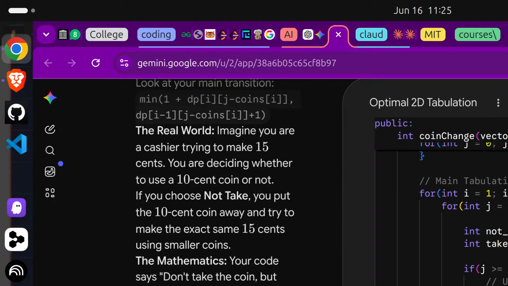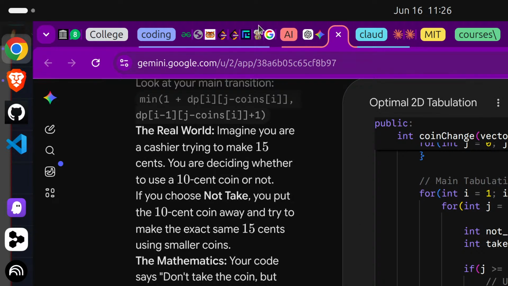We are taking from take. So it's unbounded knapsack, so we are not taking i minus 1, we are taking i. Okay. Take plus not take, 1 plus like this.